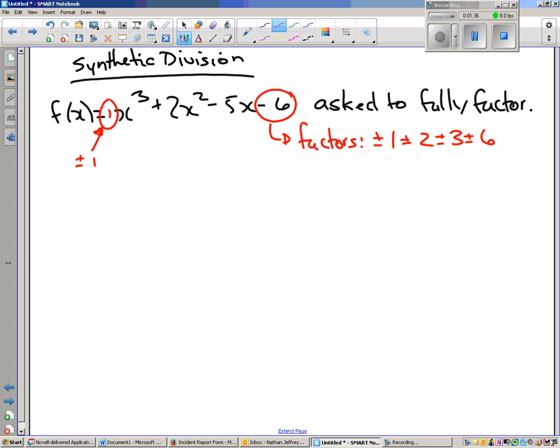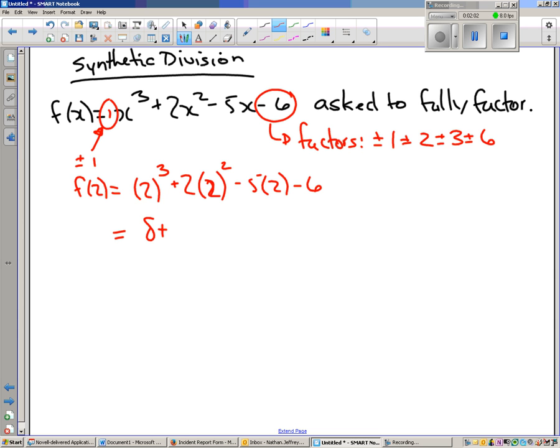So how do we figure out what our factors are, or what a factor is? What do we have to do? Sub in and guess and check. Which one do you want to sub in first? 2? Let's start with 2. So f of 2 is 2 cubed plus 2 times 2 squared minus 5 times 2 minus 6.